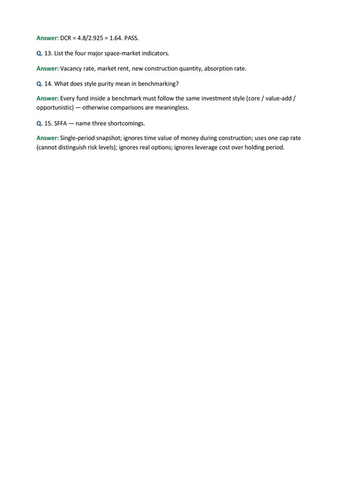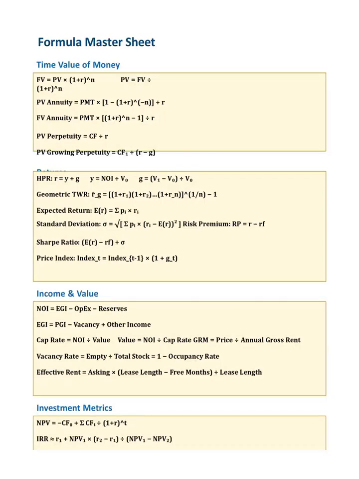What does style purity mean in benchmarking? 15 Quetzales. Simplified financial feasibility analysis. Name three shortcomings. Single period snapshot. Ignores time value during construction. Uses one cap rate.